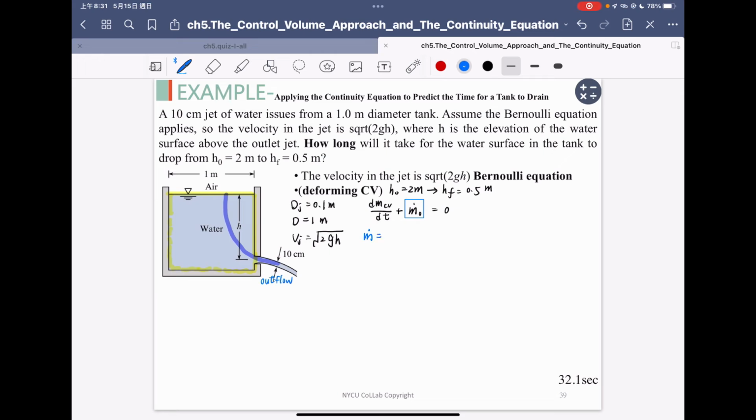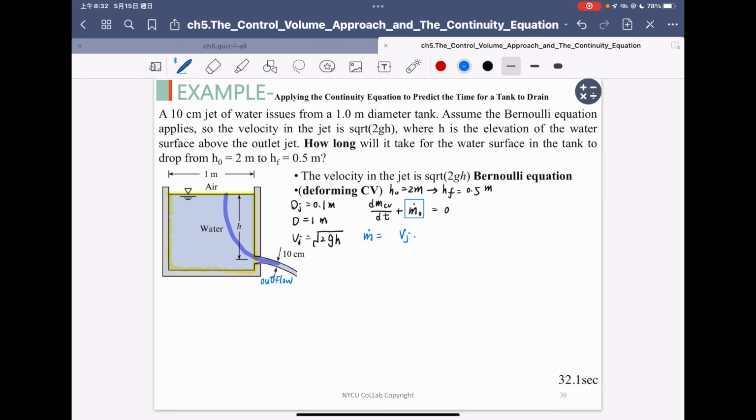As we already have, the velocity is V jet, and the diameter in here is 0.1.